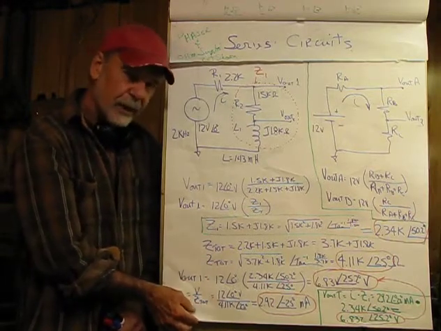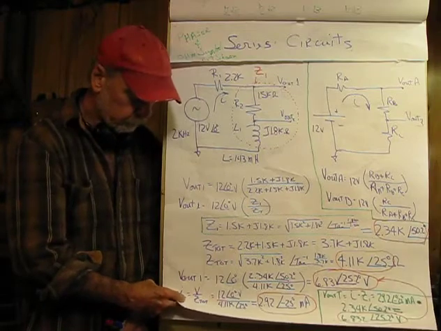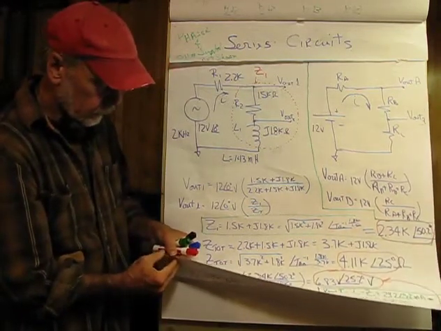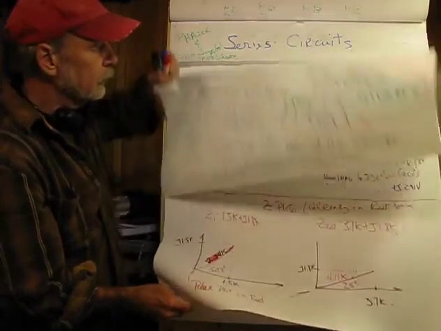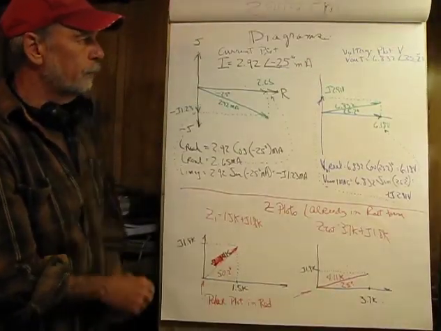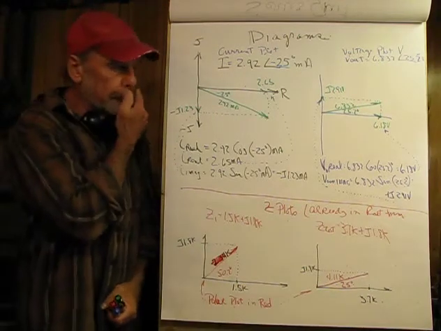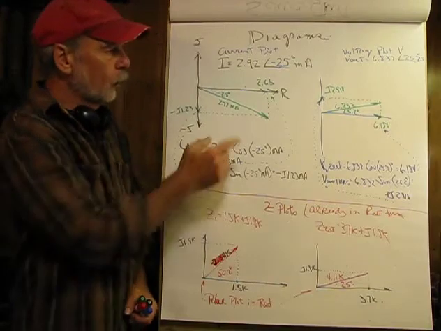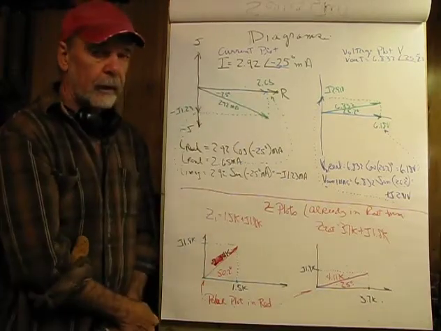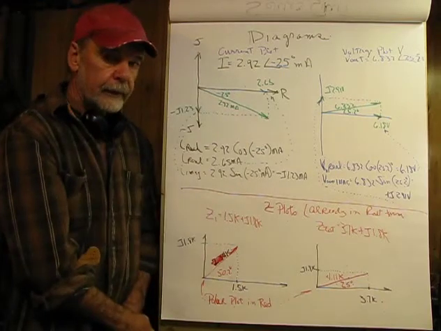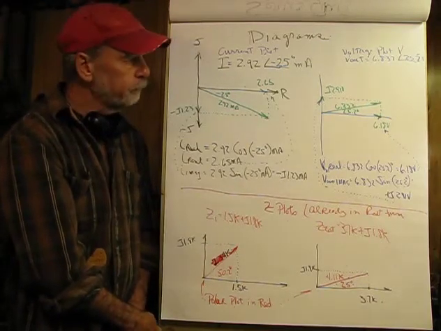Okay, so let's plot this and see how this looks. So we're going to do the hard thing first, and that's the current plot. And the reason is because we've calculated this, and it came out in polar notation. And if I'm going to plot it, unless I want to use a protractor and a ruler, I need to get it in rectangular form.